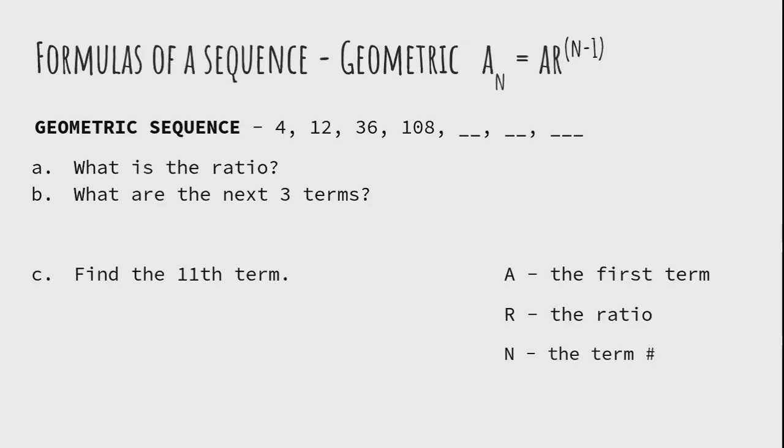And if it doesn't come to you off the bat, remember, you can take the current number divided by the previous number, and see if it's a pattern. Okay? So that's how you can find the ratio also, if you need to work backwards.